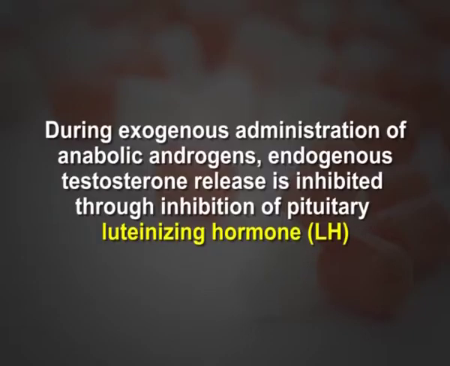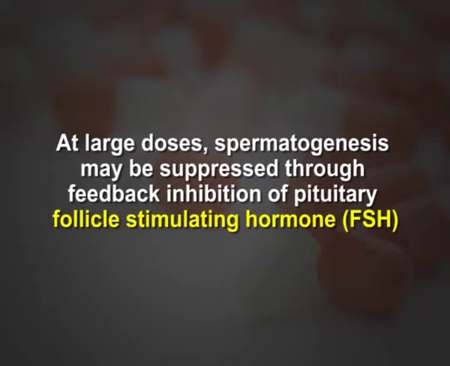During the exogenous administration of anabolic androgens, the endogenous testosterone release is inhibited through the inhibition of pituitary luteinizing hormone. At large doses, spermatogenesis may be suppressed through feedback inhibition of pituitary follicle stimulating hormone, FSH.